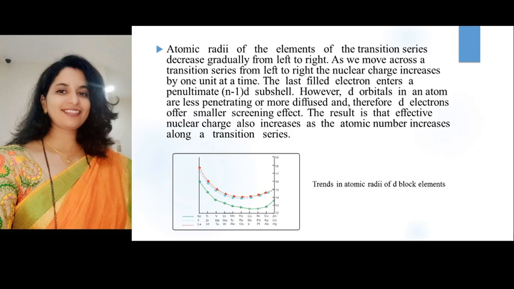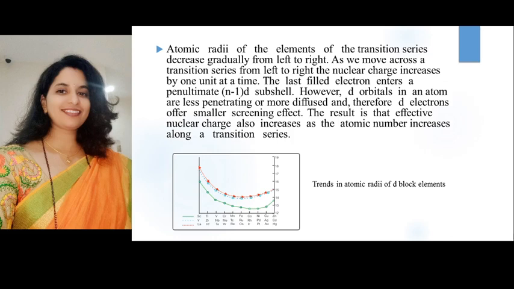The last filled electron enters a penultimate (n-1)d subshell. However, d orbitals in an atom are less penetrating or more diffused, and therefore d electrons offer a smaller screening effect. The result is that the effective nuclear charge also increases as the atomic number increases along a transition series.